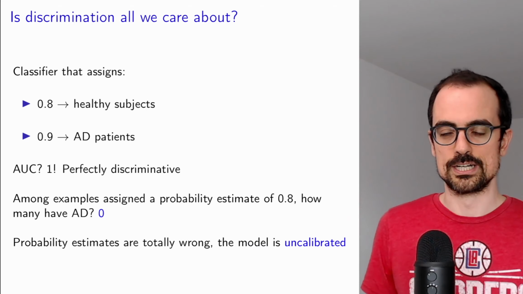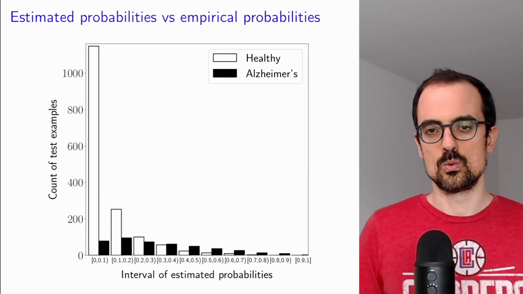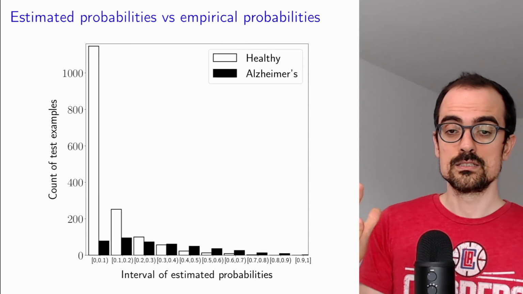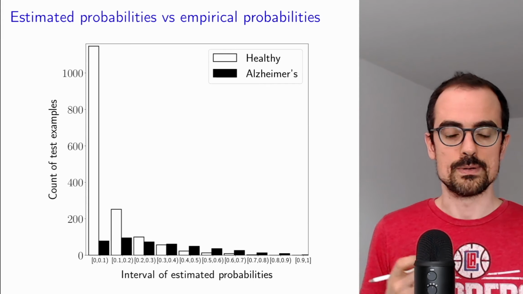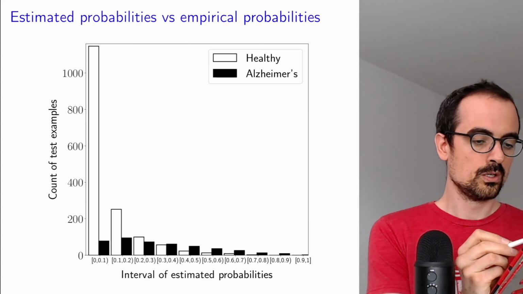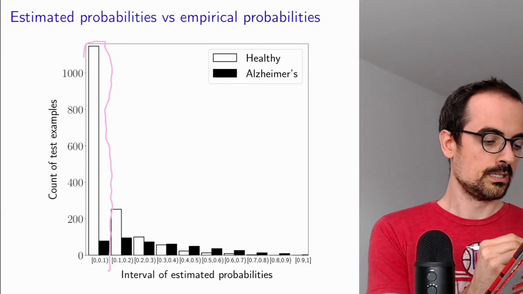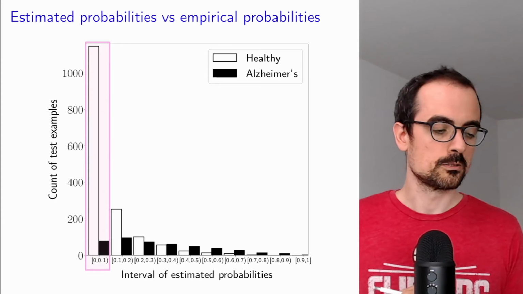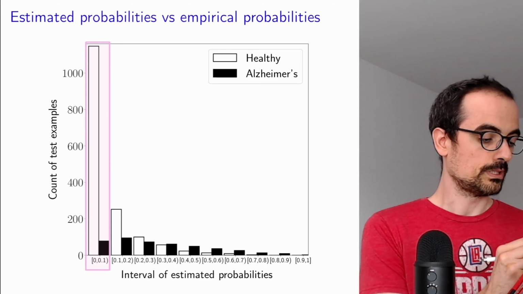It has bad calibration. In order to visualize what calibration is, imagine that you take your data set and you order the patients according to their estimated probabilities. So for example, here we have all the patients whose probability of Alzheimer's is smaller than 10%. How many patients in here should have Alzheimer's?